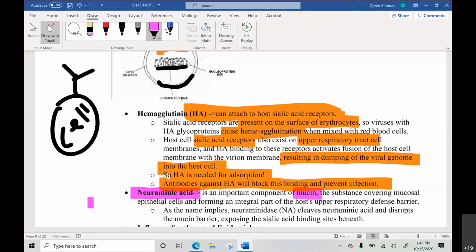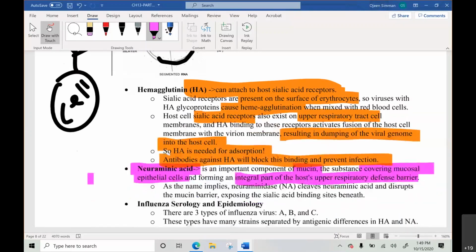Mucin is a substance that covers our mucosal epithelial cells, and it makes up an important part of the upper respiratory tract defense barrier. It's part of the innate immune system as a defense barrier.